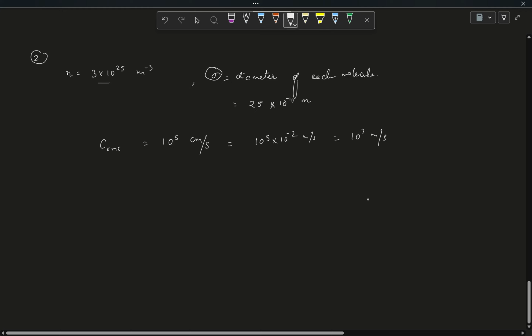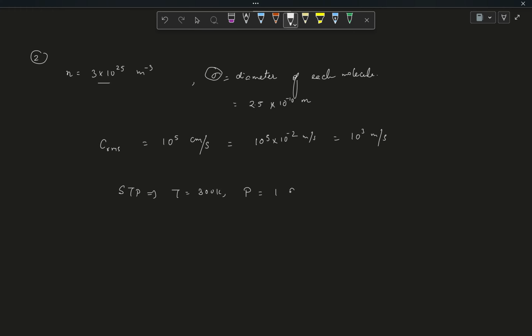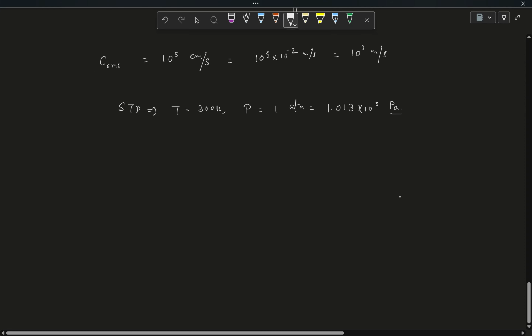And STP means standard temperature and pressure. That means the temperature is 300 Kelvin, room temperature, and pressure is 1 atmosphere or 1.013 into 10 to the power of 5 Pascal, which is the SI unit of pressure.